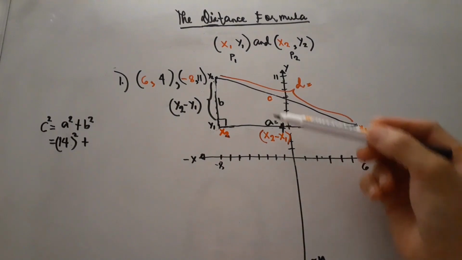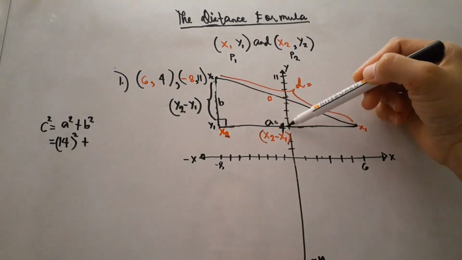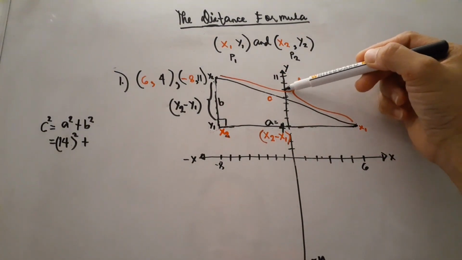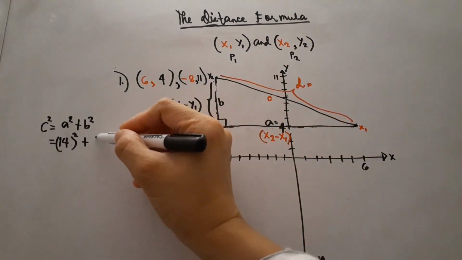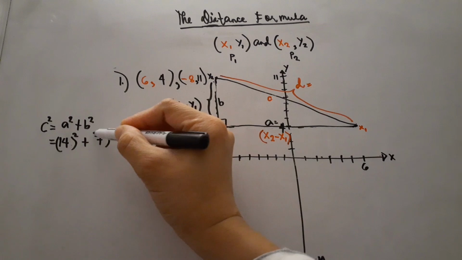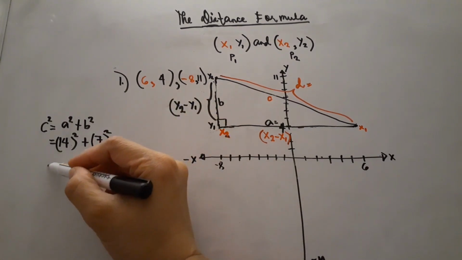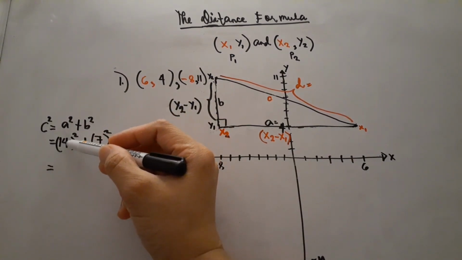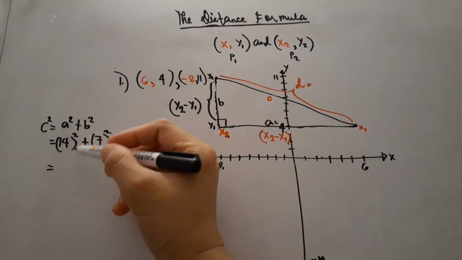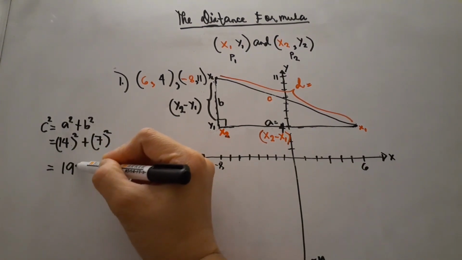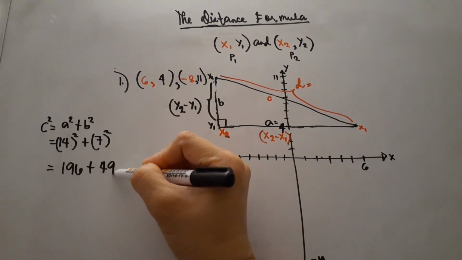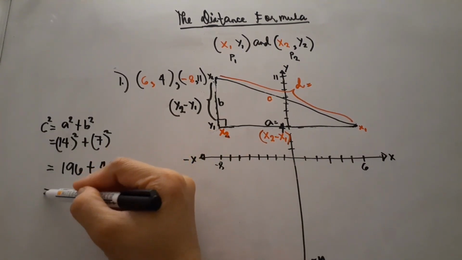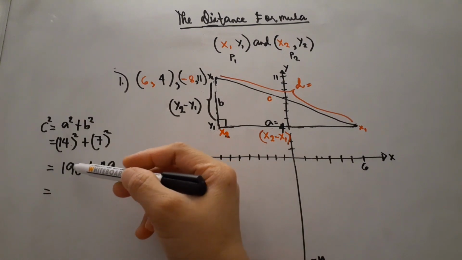Then B, going up the y-axis, we count 7. So we put 7 squared. Then 14 times 14 is 196, plus 7 times 7 is 49, and then we total them.